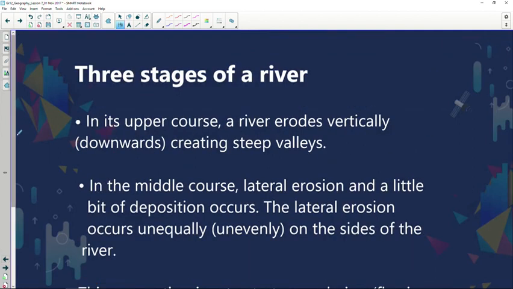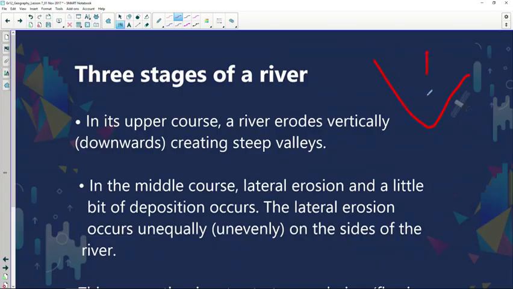In the upper course, as you can see in the diagram I've drawn below, it's very steep where the origin of the river is. If I draw a transverse profile, we will usually experience downward erosion, because the river is still very narrow in the upper course because of the very steep gradient.